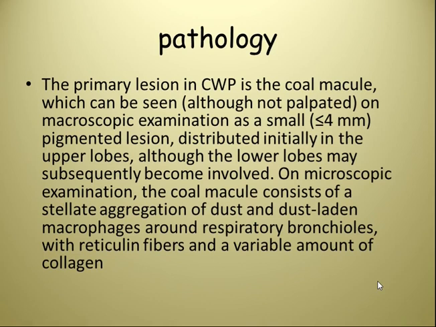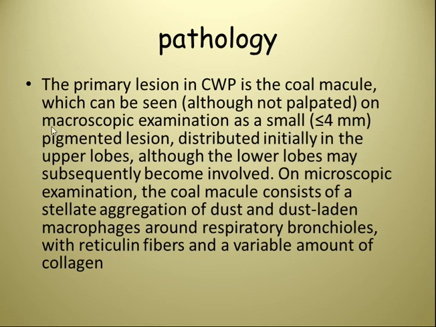Now what actually happens in coal miners pneumoconiosis? If we examine the lung, what is found is named the coal macule. The coal macule can be seen on a macroscopic examination as a small pigmented lesion.